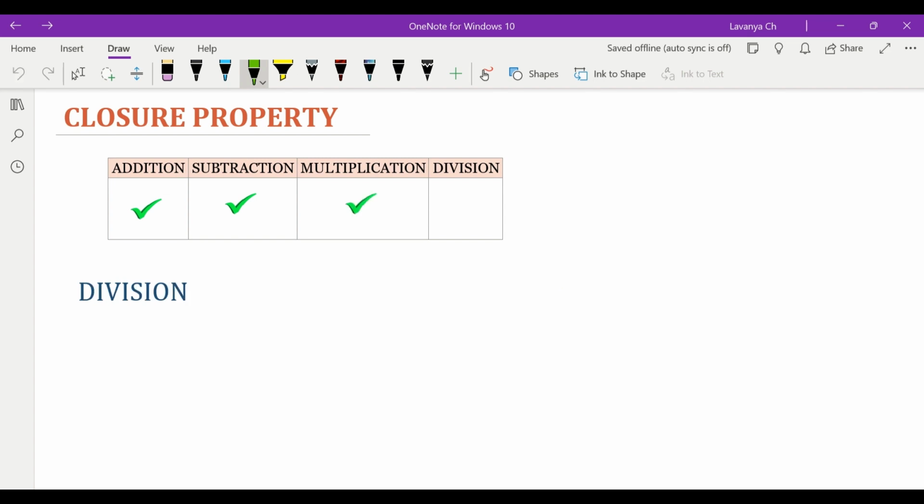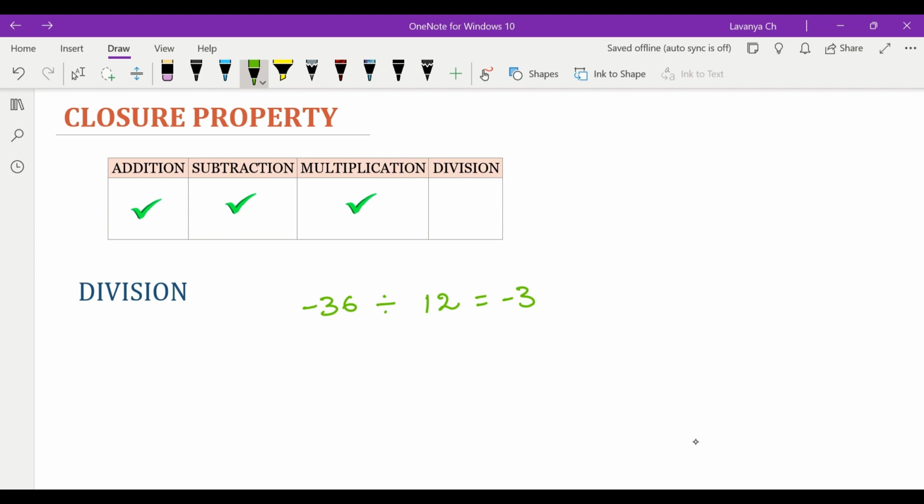While dividing two different integers, if I take the same values, negative 36 and 12, one negative and the other positive, the quotient would be negative 3, which is an integer. By this, we may think that the closure property holds for division as well.